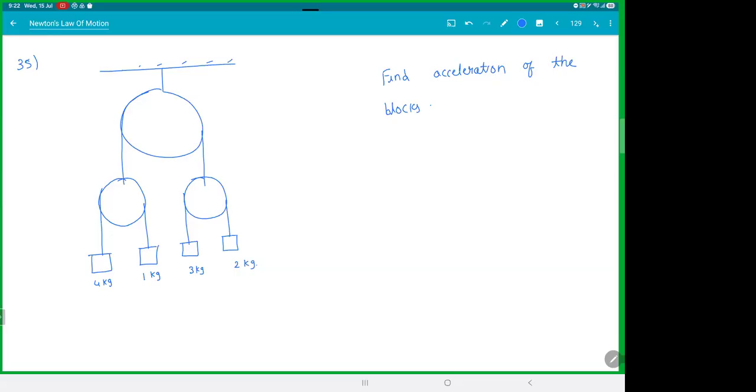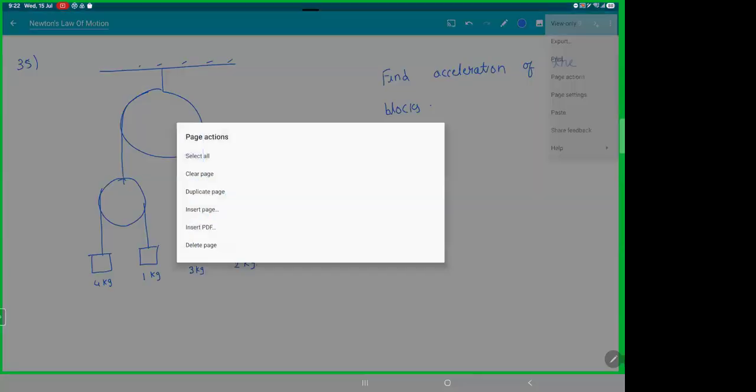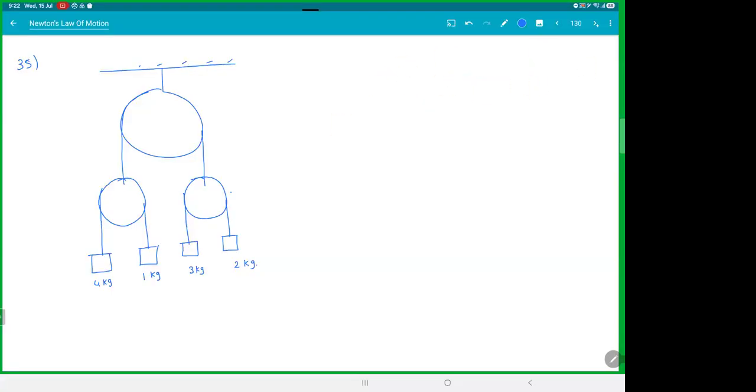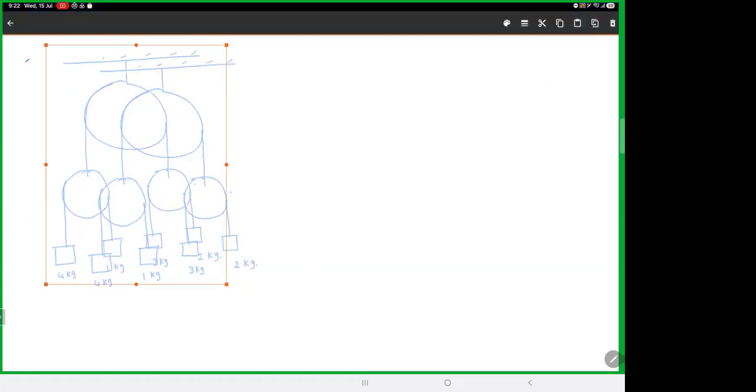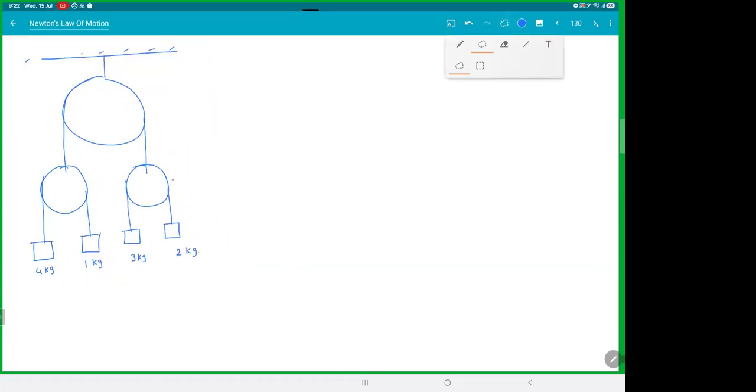Okay, let's see. There are two pulleys there, so I'll replace both of them. This one's equivalent mass I'll call M2, which is 4 into 3 into 2 over 3 plus 2.